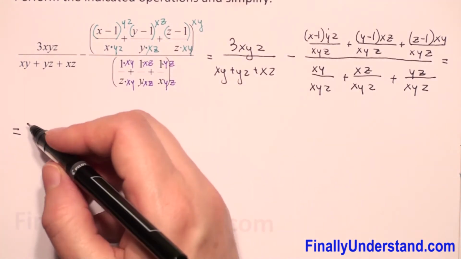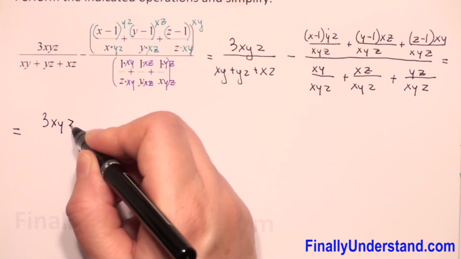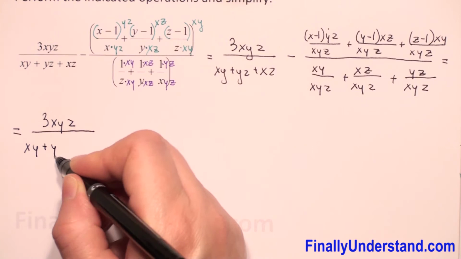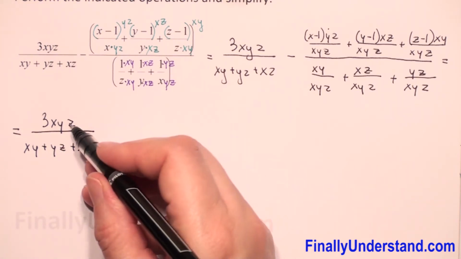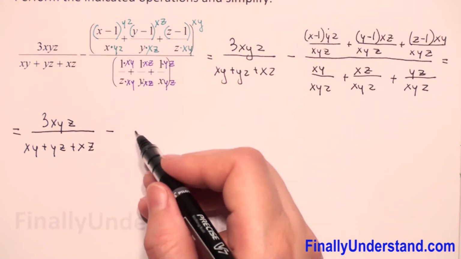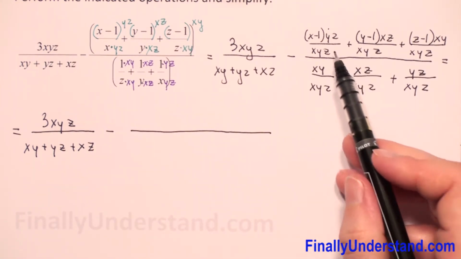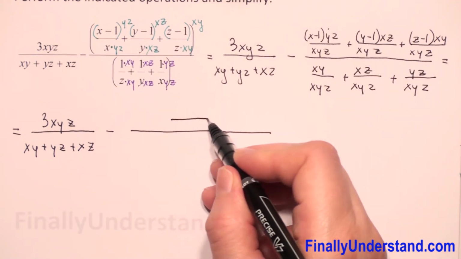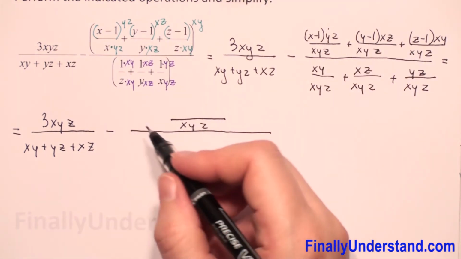I have to copy the first fraction. We have 3xyz over xy plus yz plus xz. So next minus, and now we have to copy the main fraction bar, and we have the same denominators, so we copy the denominator xyz, and we have to add numerators.